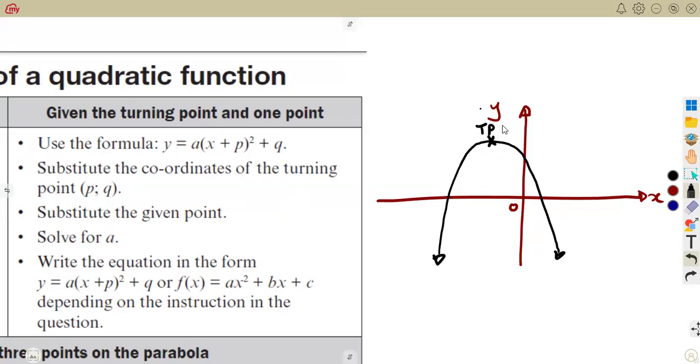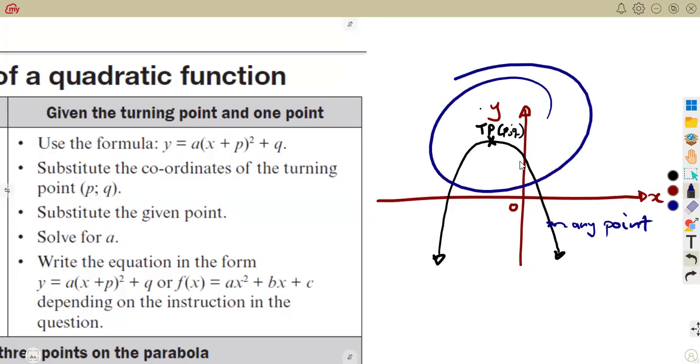Let's say our turning point is called P, Q. And you have any point which is on the function. It can be here, it can be anywhere as long as it is found on the function.